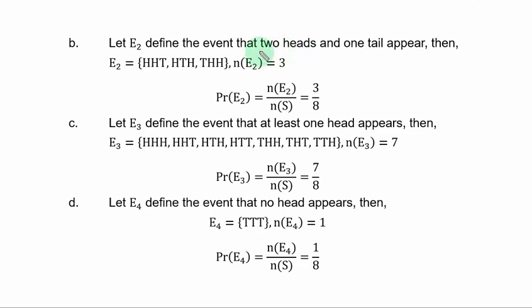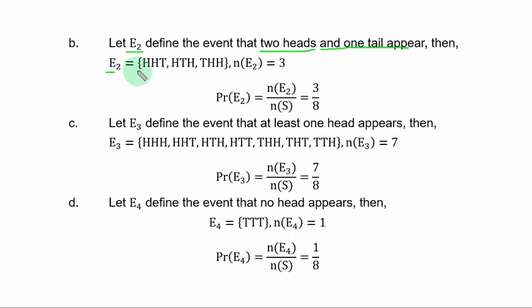B part is two heads and one tail appear. Let us use E2 to define the event that two heads and one tail appear. So you have to extract this event E2 from the sample space by considering all the sample points with two heads and one tail.